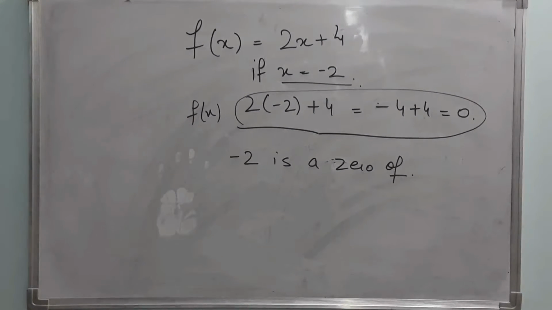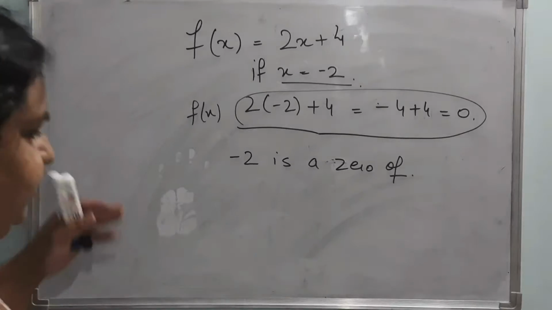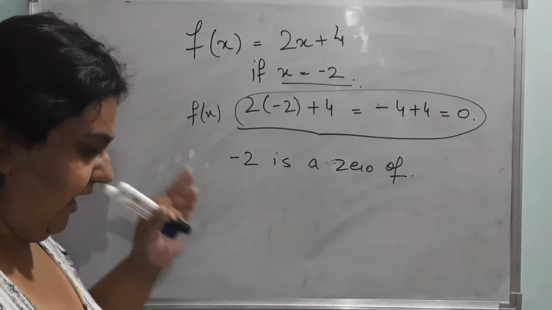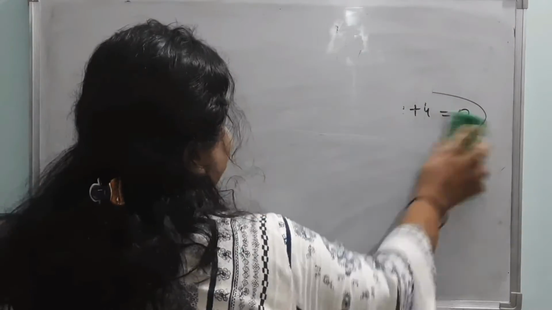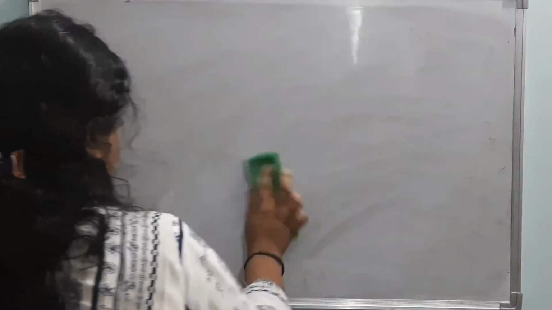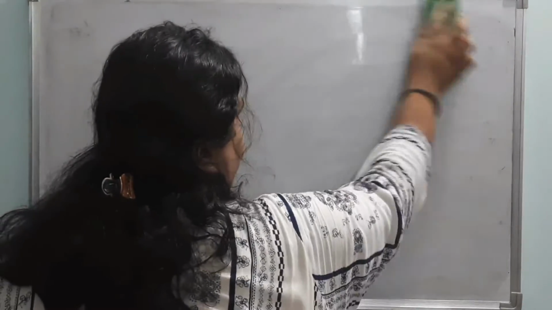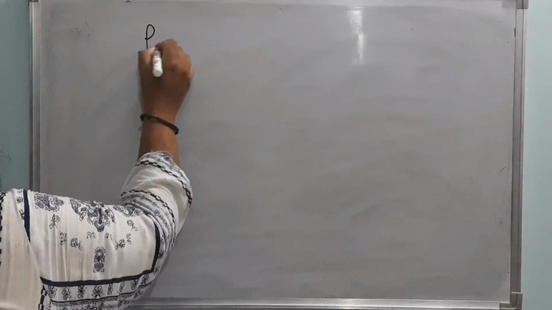Now let's see what is the relation between the zeros and coefficients of a polynomial. First of all, I would like to revise how to find the zeros of a polynomial. First, I would like to take a linear equation.